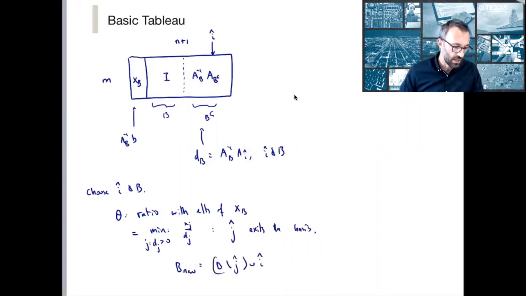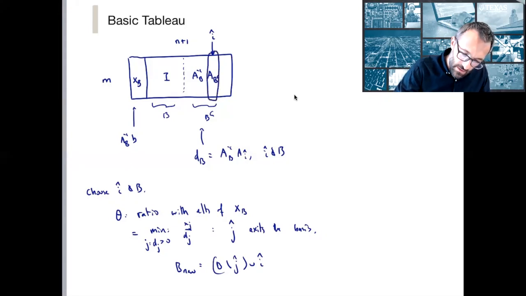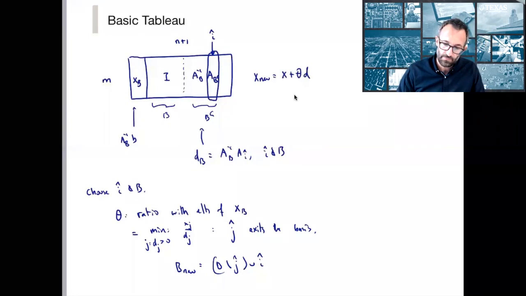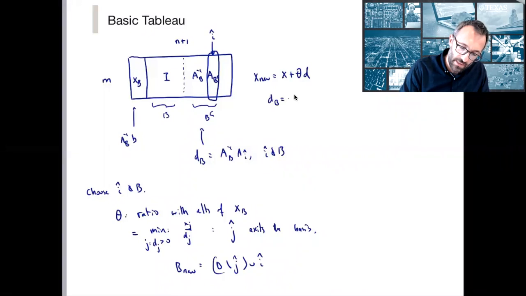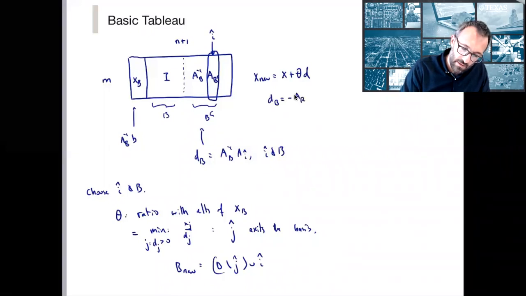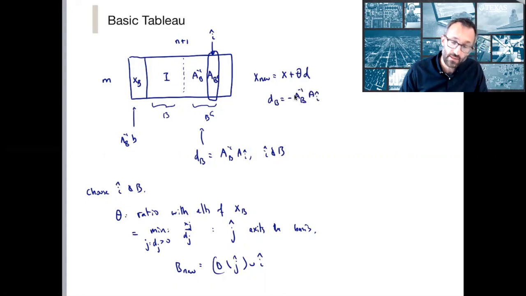Now, how does this work in the context of the Tableau? So we're going to look at the i hat column. And what is the update? Remember, x new is equal to x plus theta d, and dB is equal to minus AB inverse times A i hat.